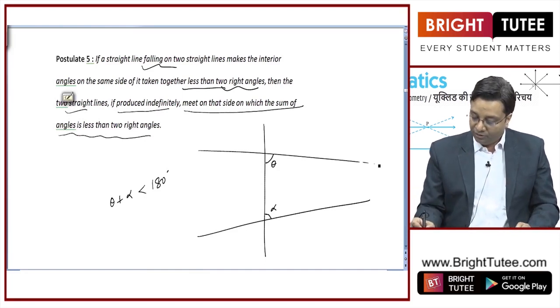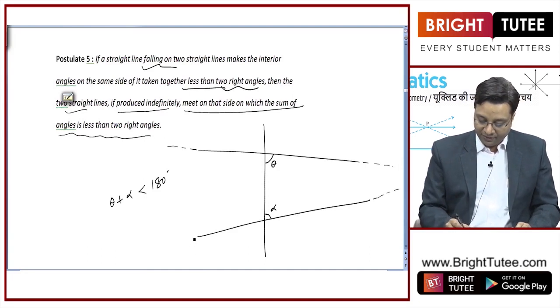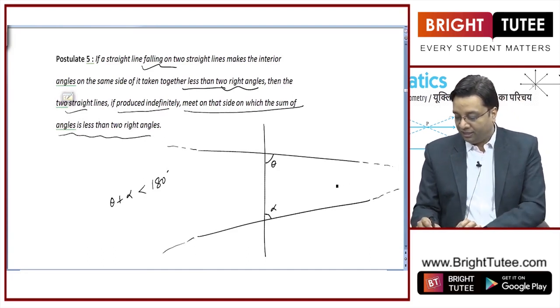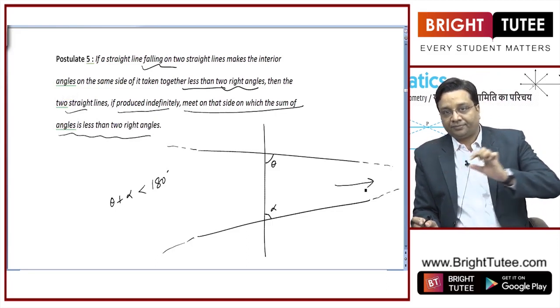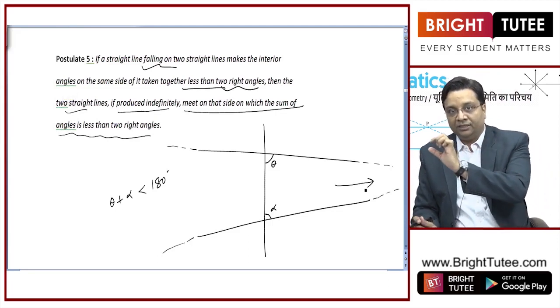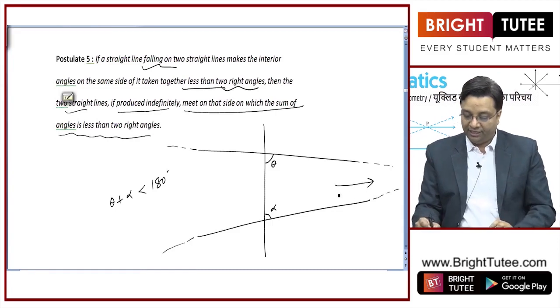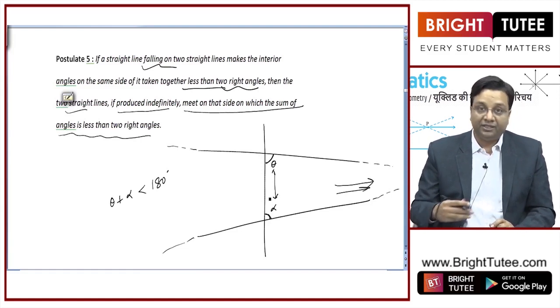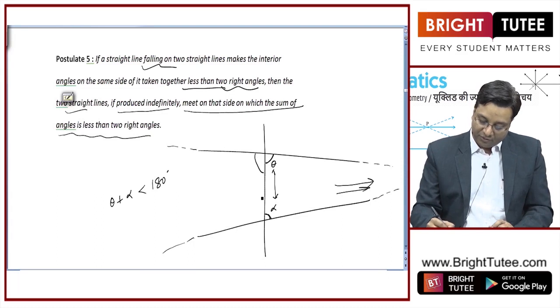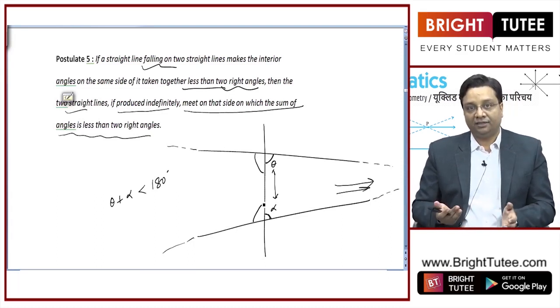So if they are produced on this side indefinitely and on this side indefinitely, you can notice that when they are produced on this side, they are converging, they are coming near to each other. So they will meet on this side where the sum of these two angles is less than 180. Now if the sum of theta plus alpha is less than 180, obviously the sum of this angle and this angle will be greater than 180.